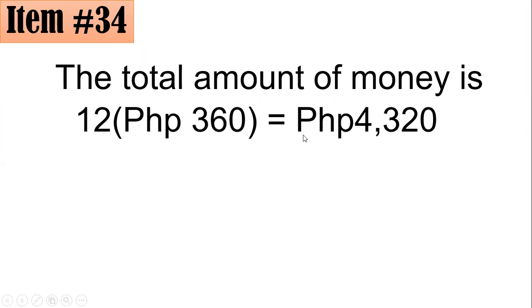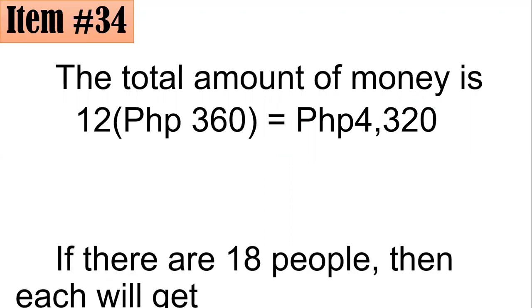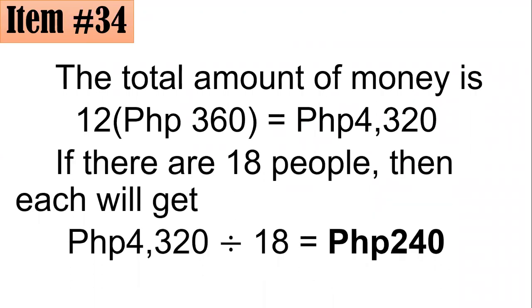And now, this 4,320 pesos is the amount that will be shared equally among 18 people. That is the reason why we have to divide 4,320 pesos with 18, and this gives us 240 pesos. So sa lahat po ng sumagot ng B, be happy because you got it right. Thank you. Good job.